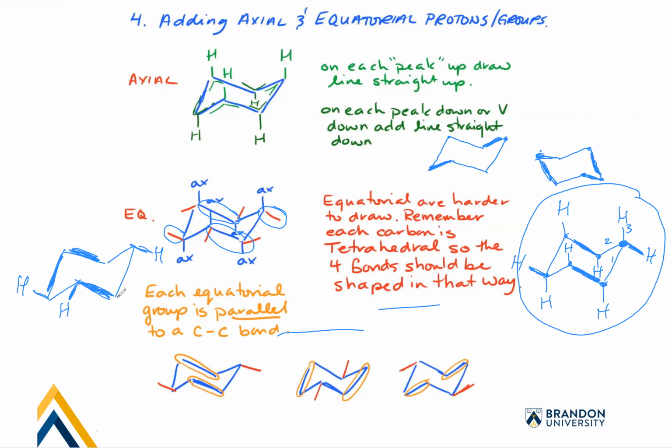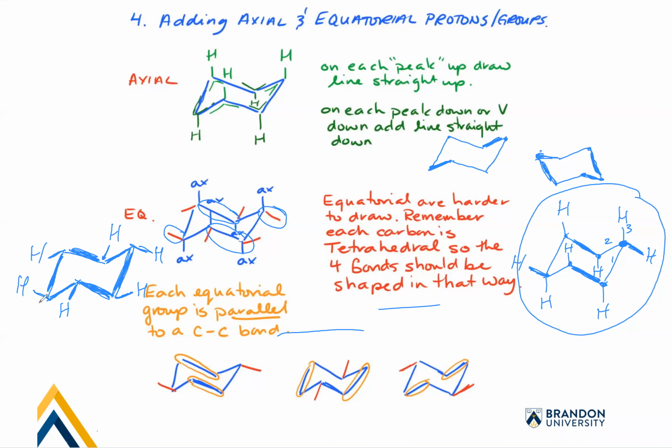And this proton over here should be parallel to this line. So parallel, parallel. And then the 2 protons on the back, these are both going to be pointing away from us. They are going to be parallel to the 2 lines that we haven't bolded yet. So this proton here will be parallel to this line, and this proton here will be parallel to that line.